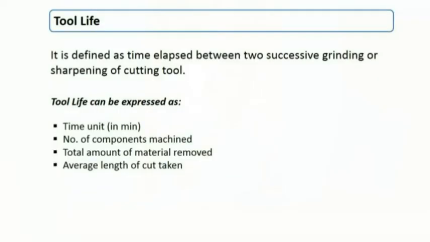So in short, in general, we can define tool life as the time elapsed between two successive regrindings or resharpenings. That means the time up to which your tool will work satisfactorily, and then you have to sharpen the edges.